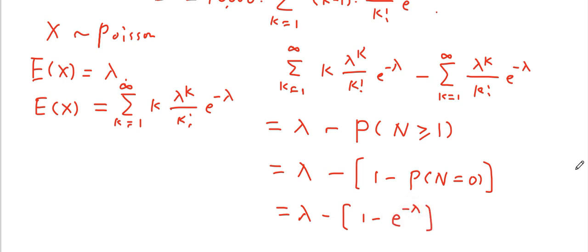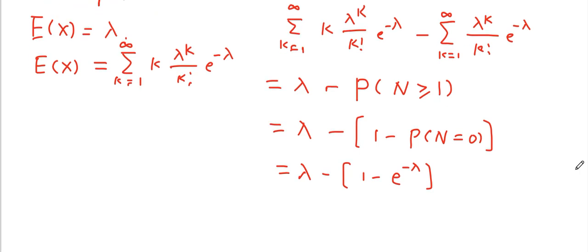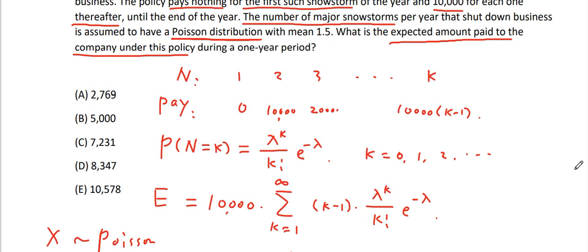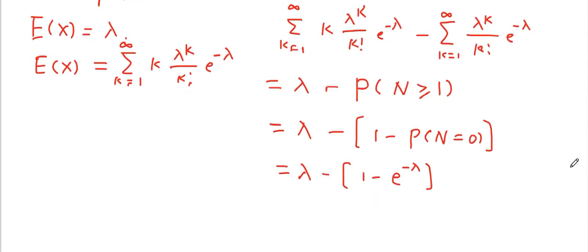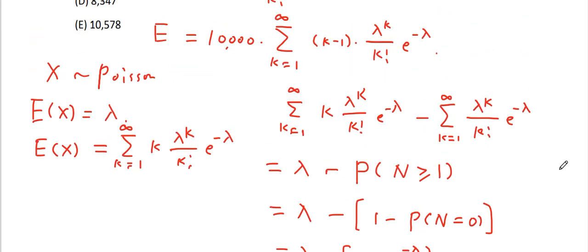What is lambda? Lambda we already know is 1.5. So this equals 1.5 minus (1 minus e to the negative 1.5). Okay. This number multiplied by 10,000 is the expected value.